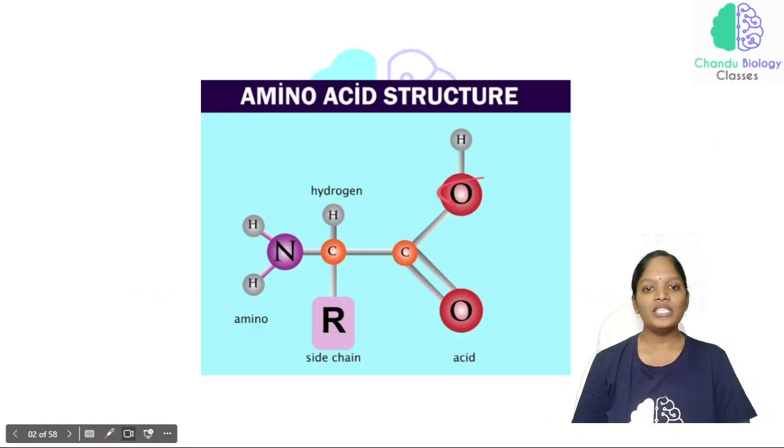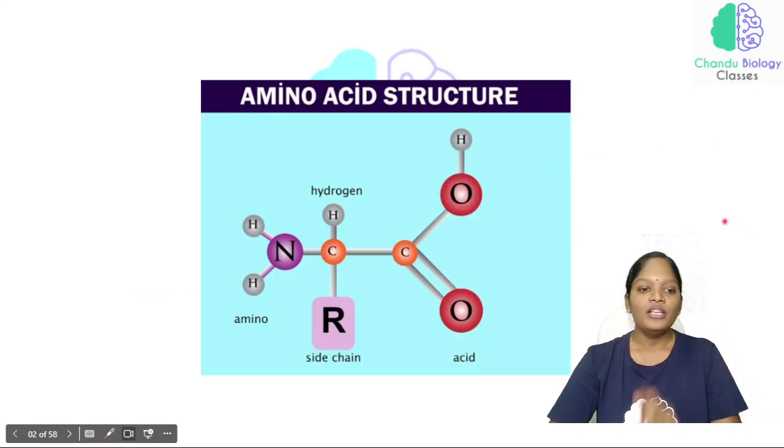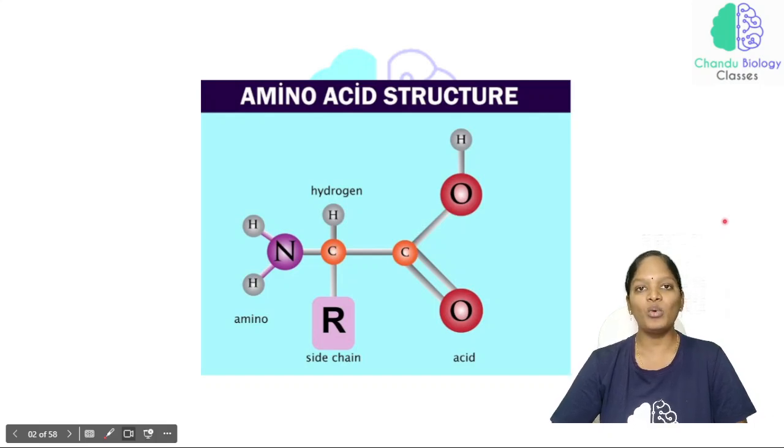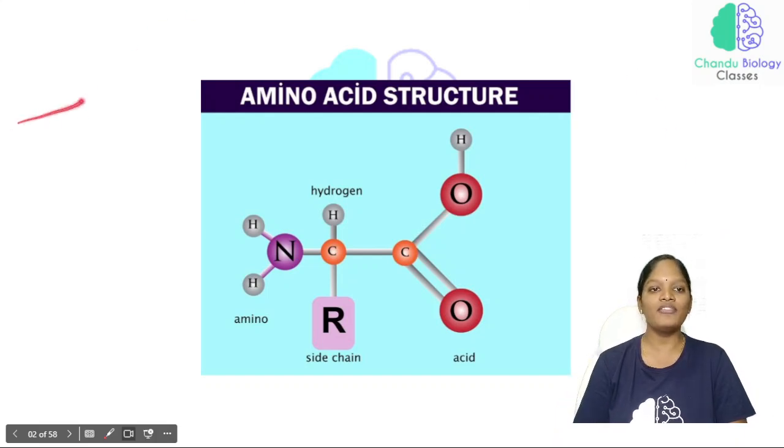So this is the amino acid structure. Before entering into any of the biomolecules, you should know the basic monomer of that particular polymer, that is, the biomolecule. For example, in carbohydrates the simpler form is the monosaccharide, that is, glucose. In lipids, as we discussed in yesterday's class, the basic unit is fatty acid plus glycerol.